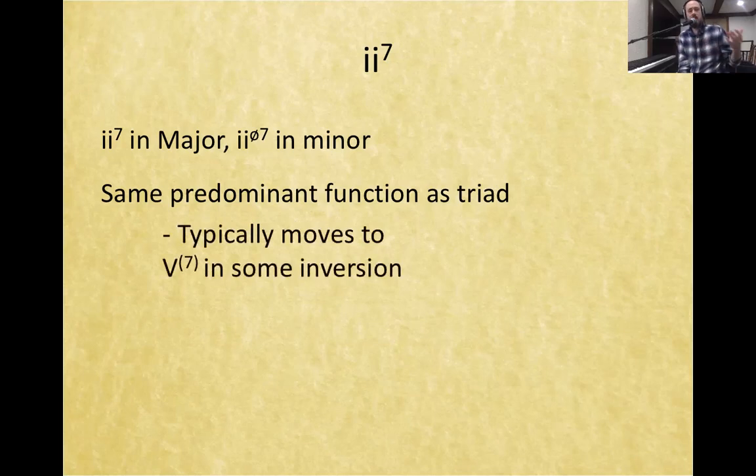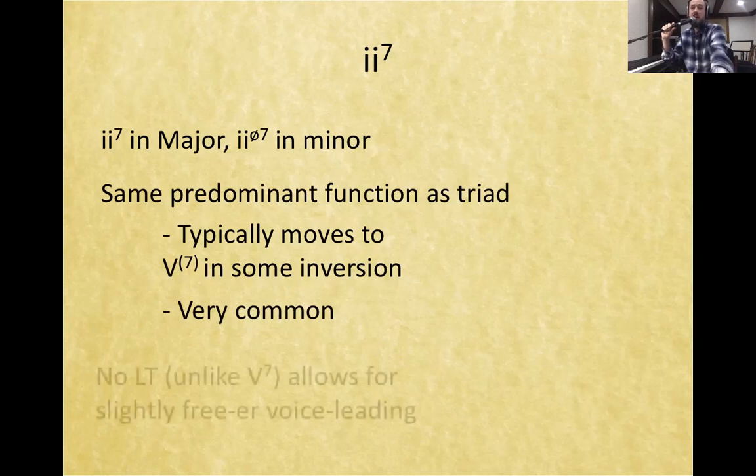And it's not uncommon for any inversion of 2 to be either a triad or a 7th chord, or to go to any inversion of 5, a 7th chord, a triad, anything. So the 2 chord and the 5 chord have such a strong functional relationship that any inversion, any combination of triad, 7th chord, it's all pretty kosher there. This is extremely common, and so there's a real importance placed on knowing this, because it could happen a lot.